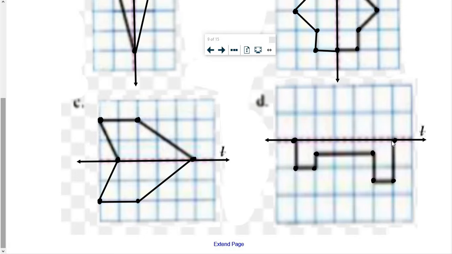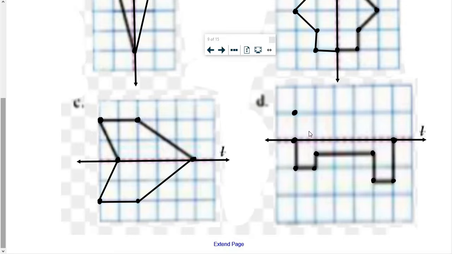Step number 2, the corners which lie on the line of symmetry will not move. Only these corners which do not lie on the line of symmetry are the ones which will be reflected along this line. So starting with this corner, will be reflected one box up.